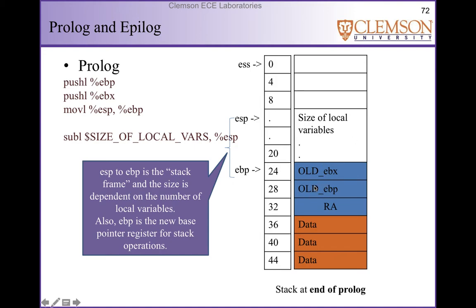So EBP is saved, and then you push L EBX, ESP moves up here, and it saves the old value of EBX to use. This is standard convention. EBX probably wasn't used in your C, but you'll never know. So that's why we save the old value of the EBX right here.